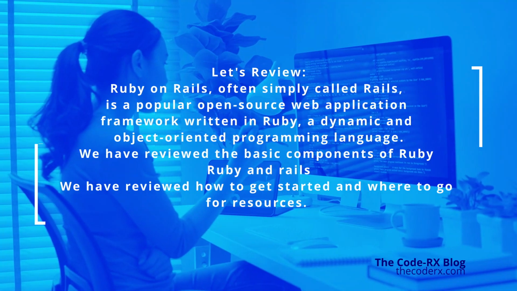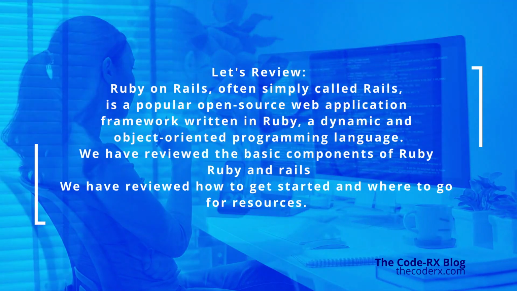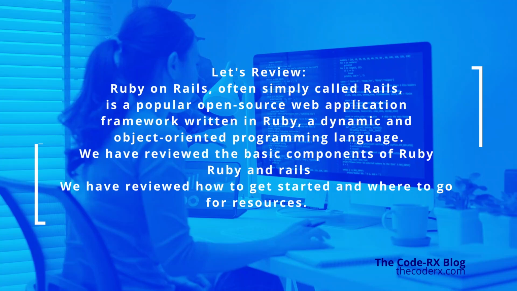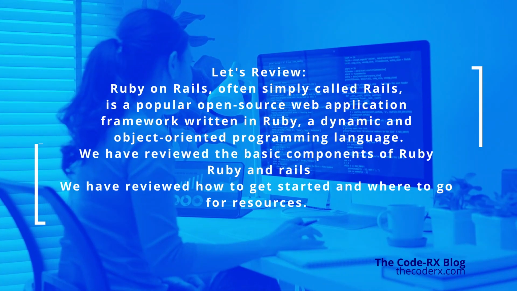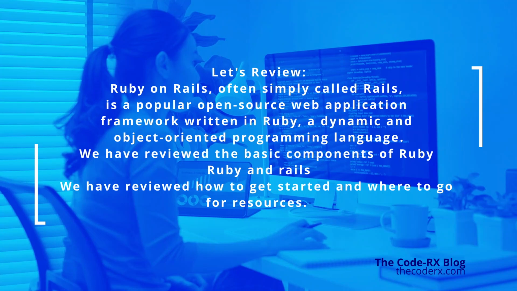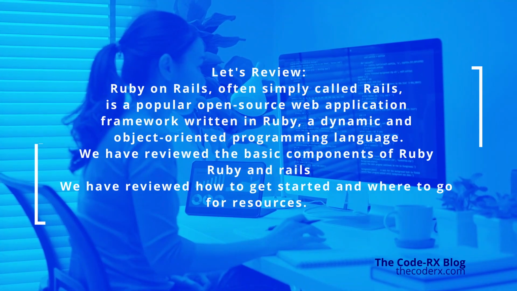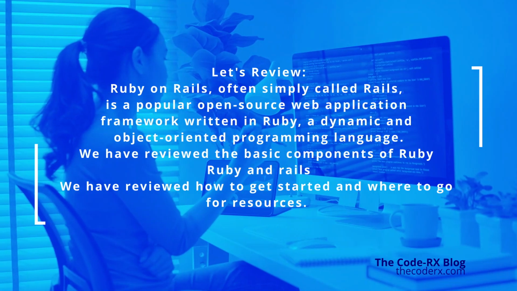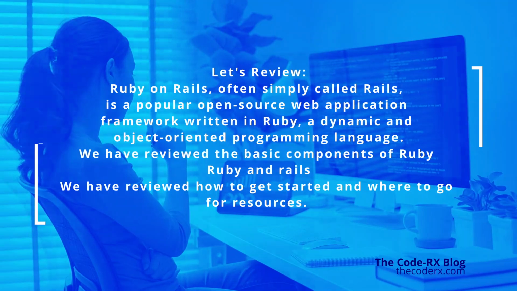We've covered some of the basic components of Ruby on Rails, and then we reviewed where we can find our documentation to help us get started with Rails as well as Ruby, and where we can go to download the installation files that we're going to need to install Ruby as well as Ruby on Rails on our system.